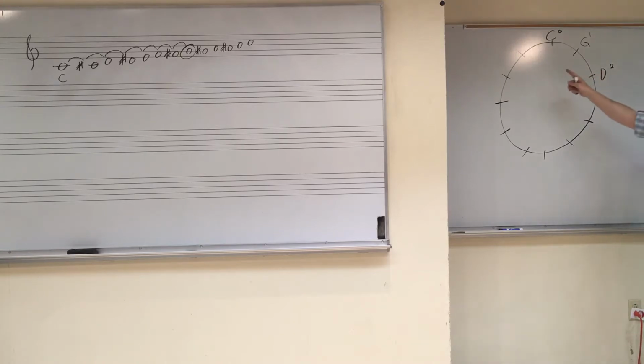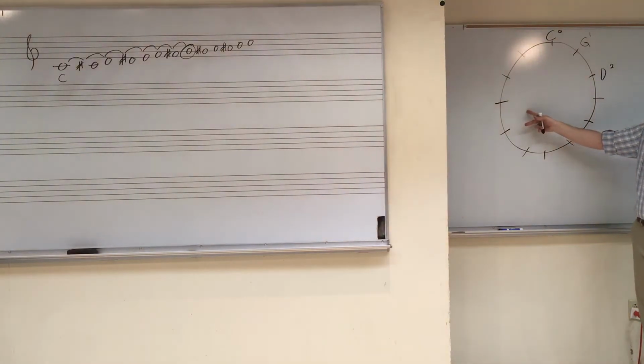And remember, when you're going to the right, none of these are going to be flat. The only option is a sharp, if there's anything at all. When you go to the left, you're not going to have any sharps, because those are our flats. So you're either going to have just the basic letter name with no sharp or natural sign attached to it, or you're going to have a flat sign, okay?